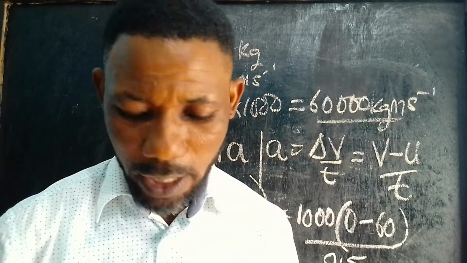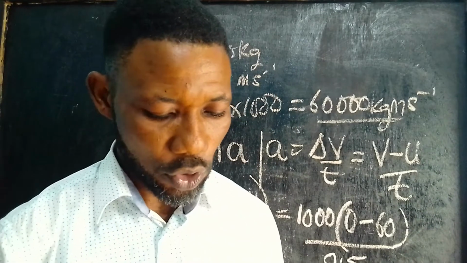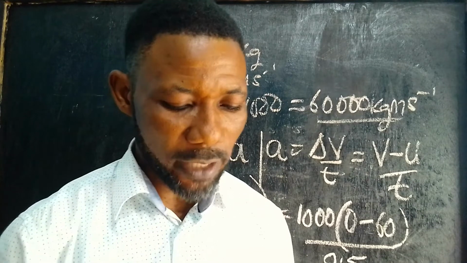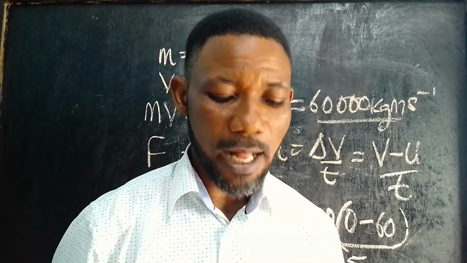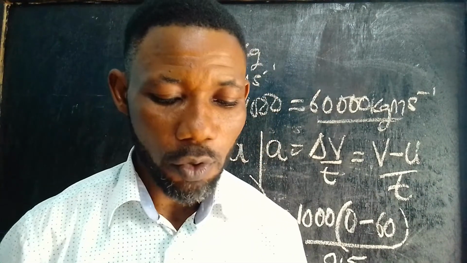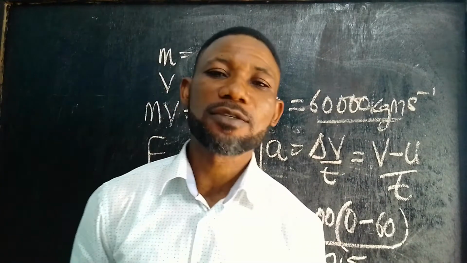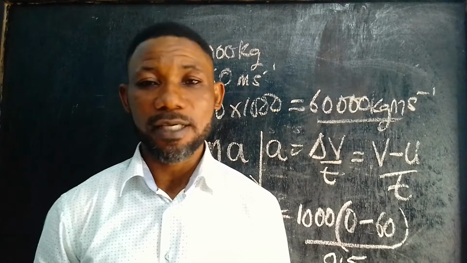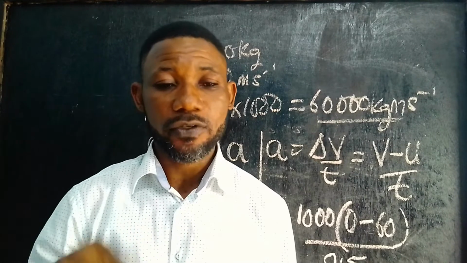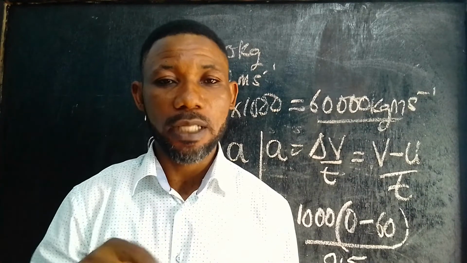Okay, we are looking at question number 3. State 2 physical properties of a conductor which affect its resistance. 1. The cross-sectional area. 2. The length.